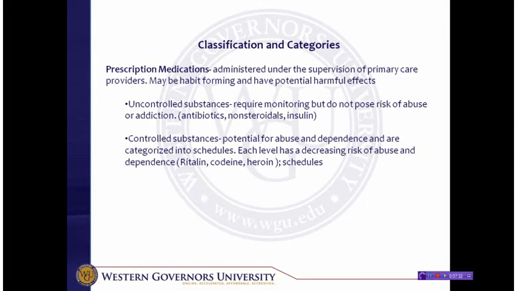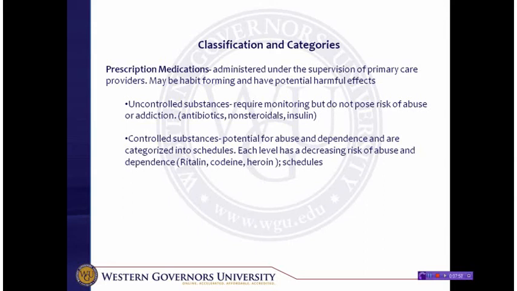Controlled substances have a potential for abuse and dependence, and they are categorized into schedules based on how addictive they potentially are, and what the risk of abuse is for them. So each level has a decreasing risk of abuse and dependence. A Schedule 1 is going to be the most addictive, something like OxyContin.